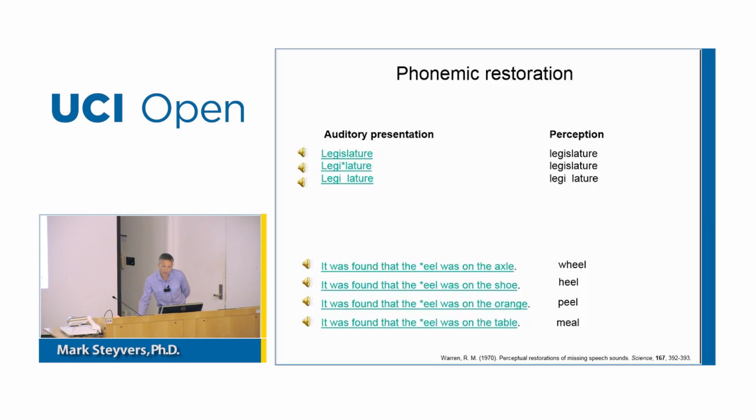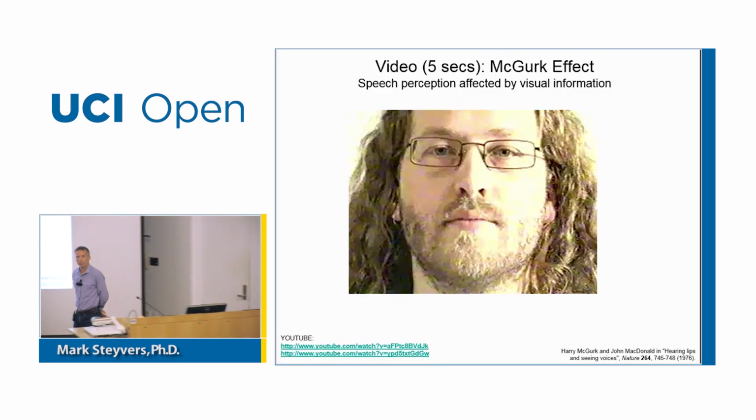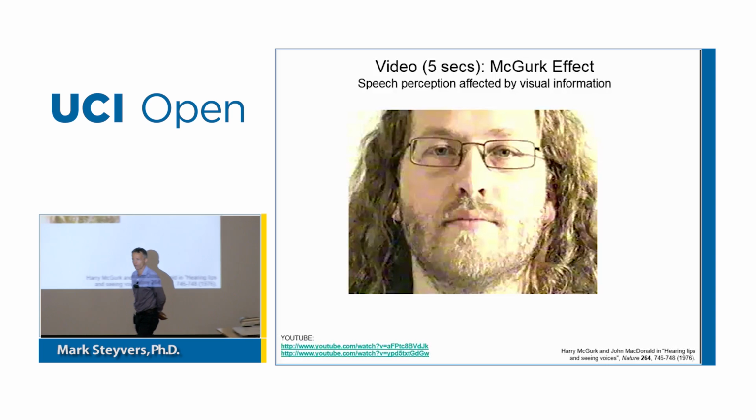So let's look carefully at what this person is saying. Okay, so when you look at this person, what is this person saying? It's not a word, right? It's just a sound.